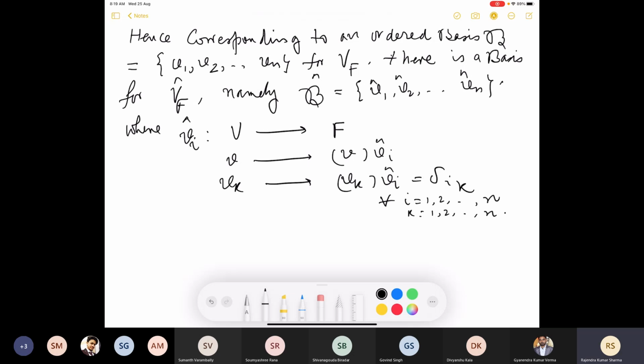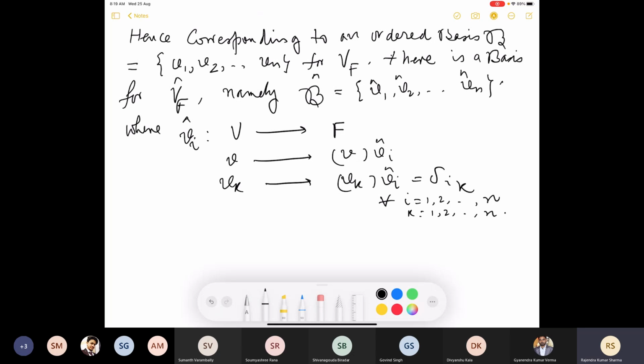So corresponding to an ordered basis B, we have a basis for Hom(V, F), which is called the dual space V hat.